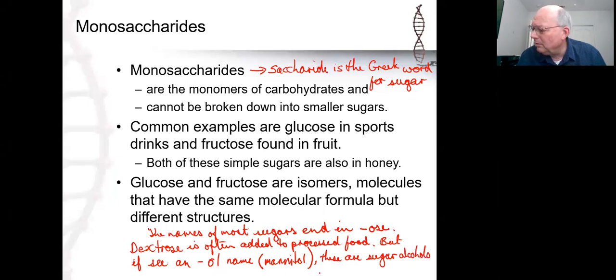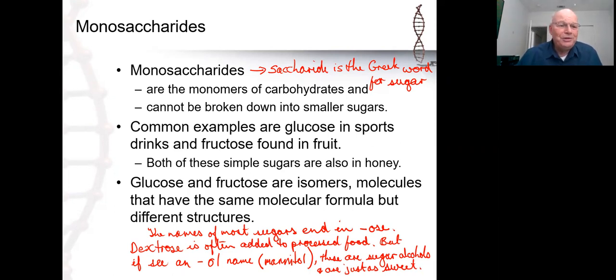These are sugar alcohols and are just as sweet, and just as problematic. They bring just as many calories with them as the sugars themselves.